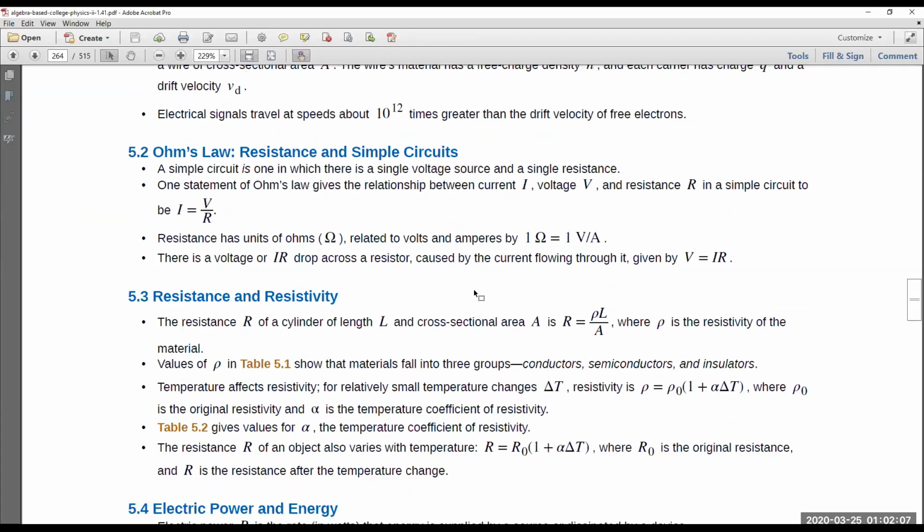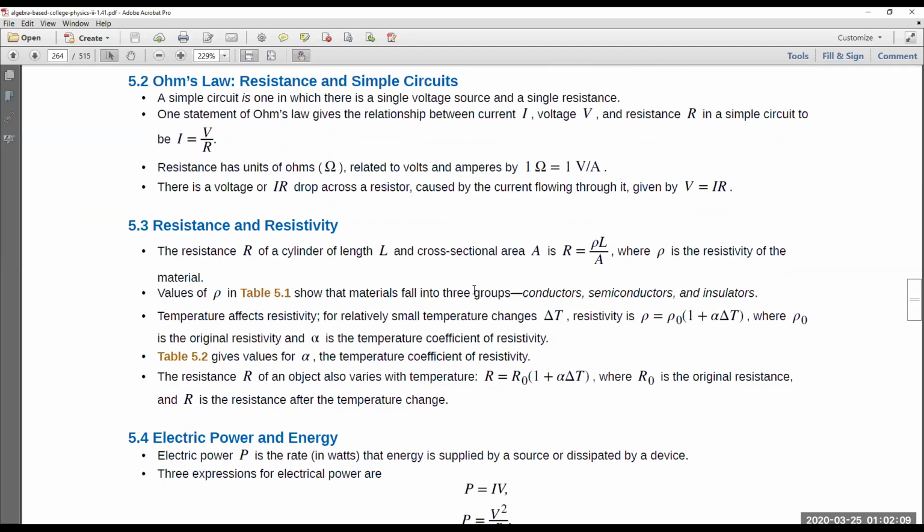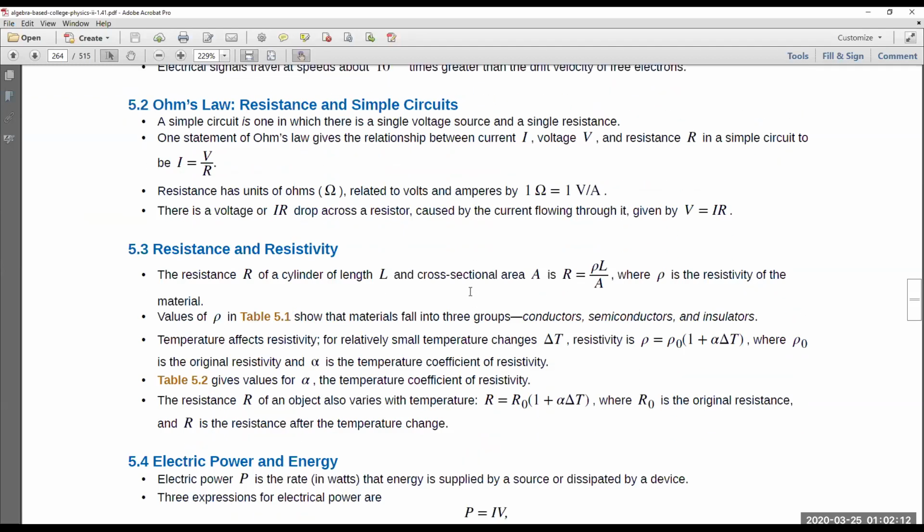Now let's look at Ohm's law. So Ohm's law basically depicts the empirical relationship between voltage, resistance, and current. So from experiments, it has been determined that the current flowing through an ohmic device is proportional to the voltage.